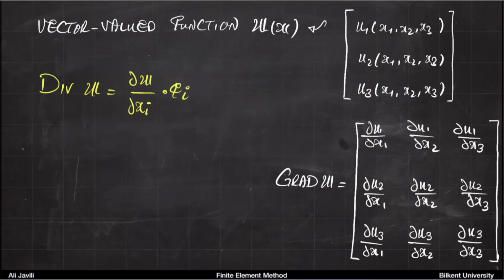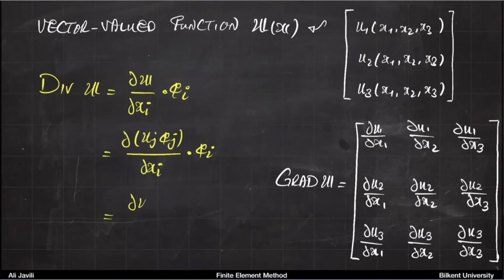Previously, it was the dyadic. Now, the game is exactly the same. It would be the derivative of u_j e_j, remember, that's how we wrote u, with respect to x_i, now dot e_i. And see what happens next.